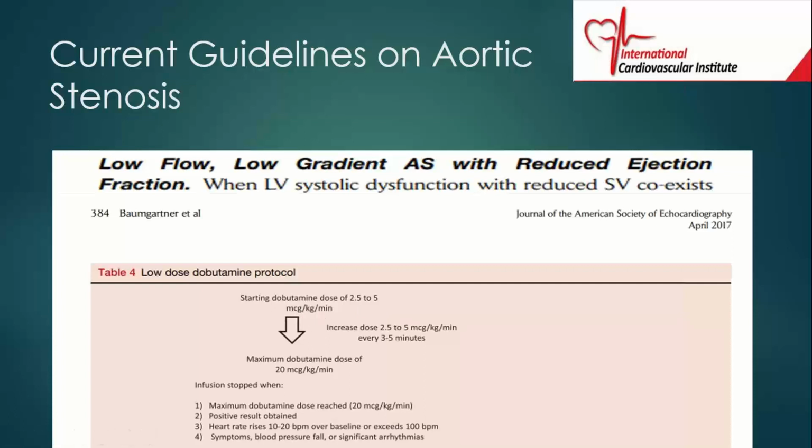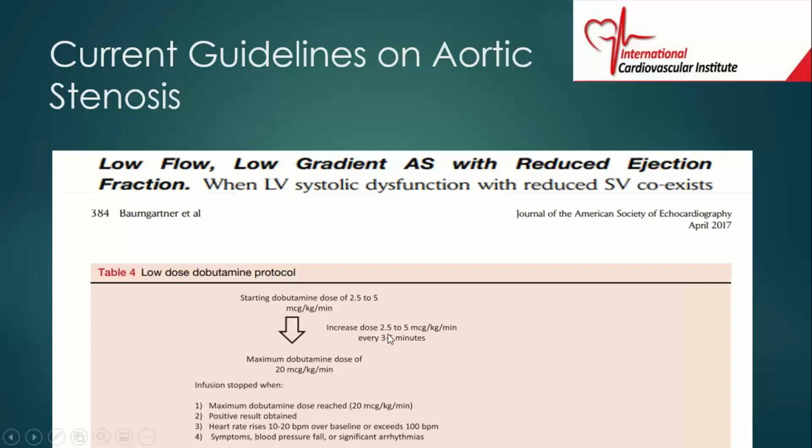When we do regular dobutamine stress tests, we start at about 5 or 10 mics, but remember, these are patients who possibly have severe aortic stenosis. So if you start with a higher dose of dobutamine, you can cause arrhythmia, and some of these patients can succumb. So be careful. That's why we start low, 2.5 to 5 micrograms per kilogram per minute.